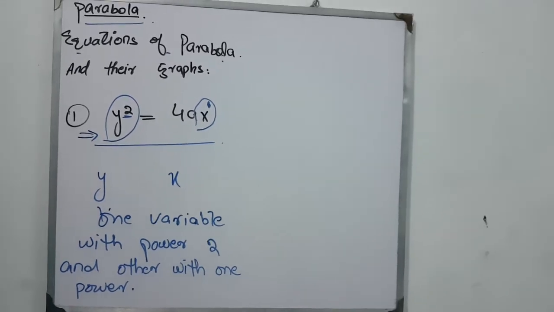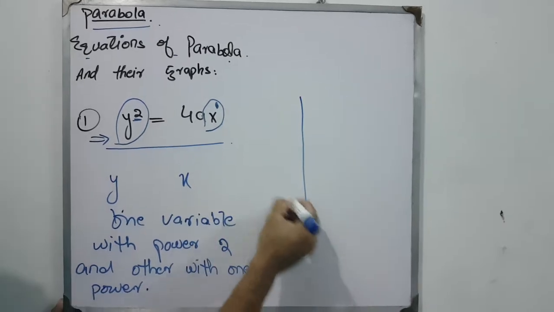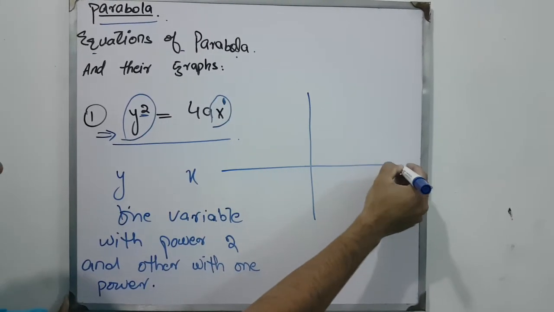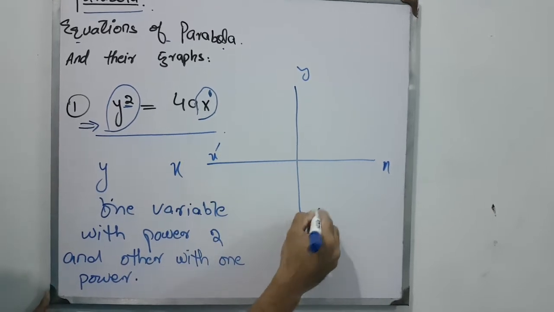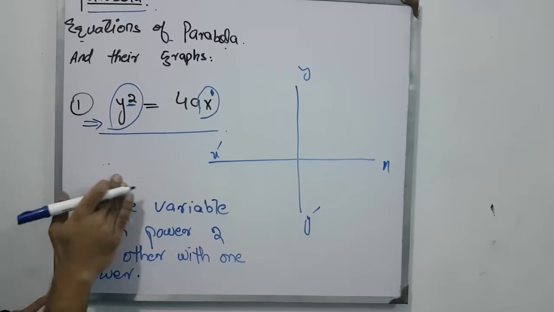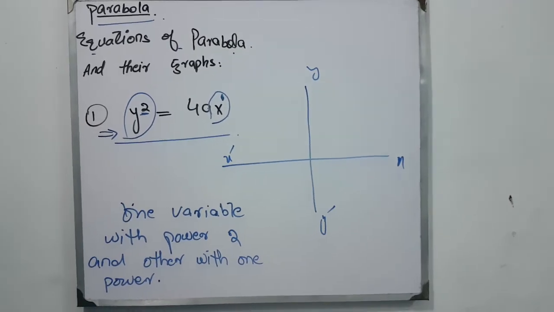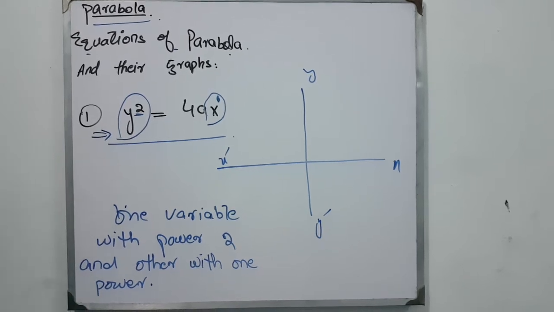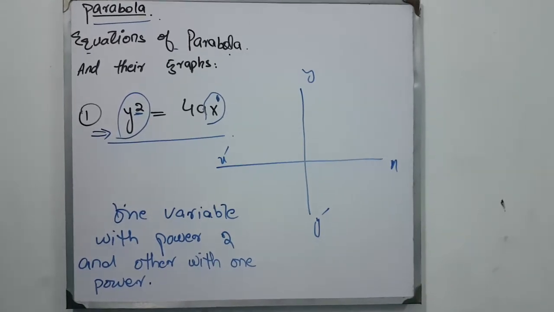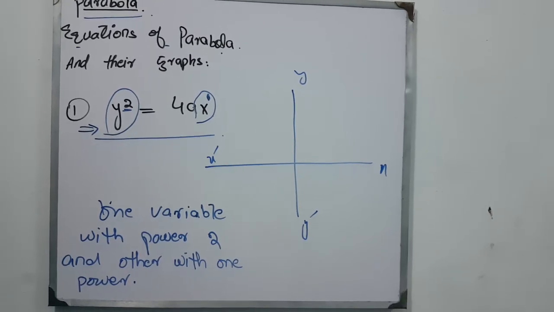I will tell you the direct method to sketch on the xy plane. What do I mean by direct method? So many students were confused about how to draw a parabolic graph by looking at the equation.